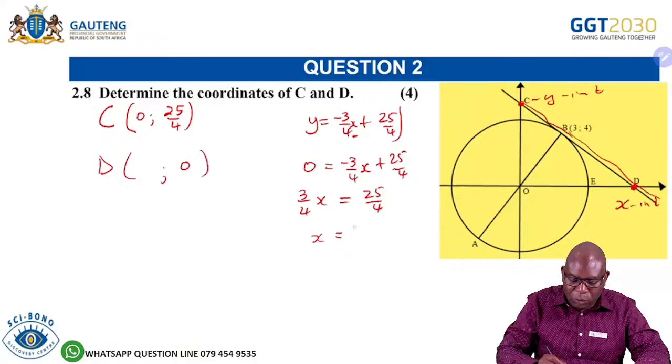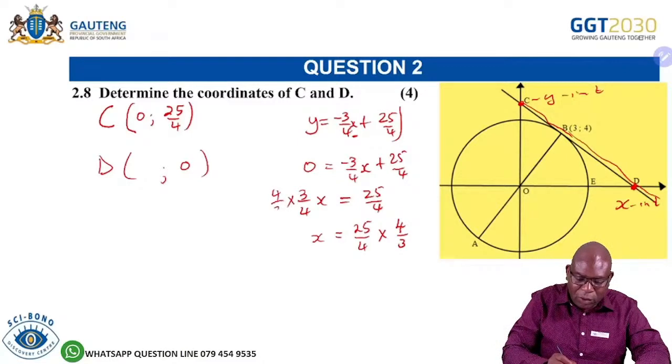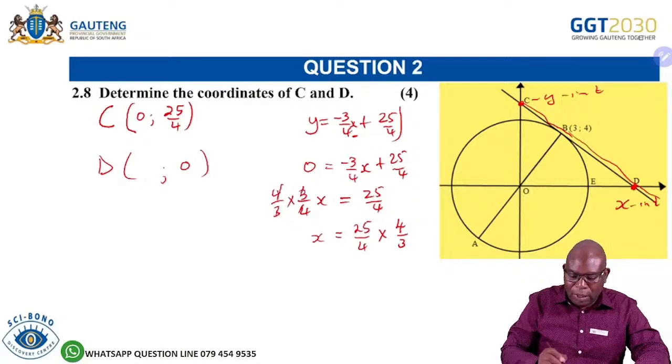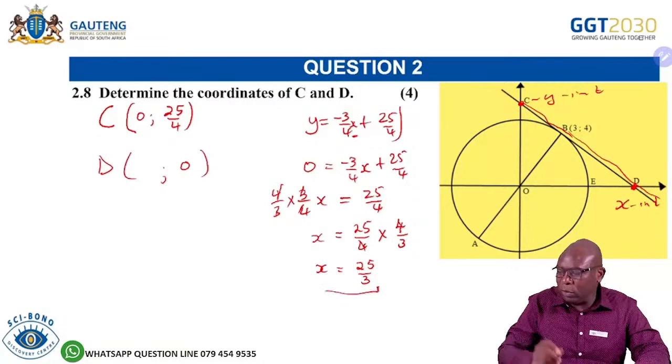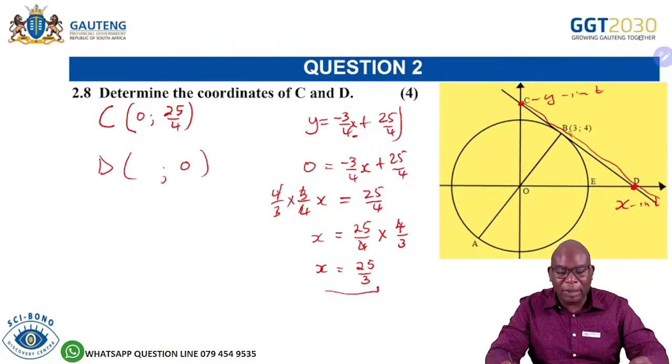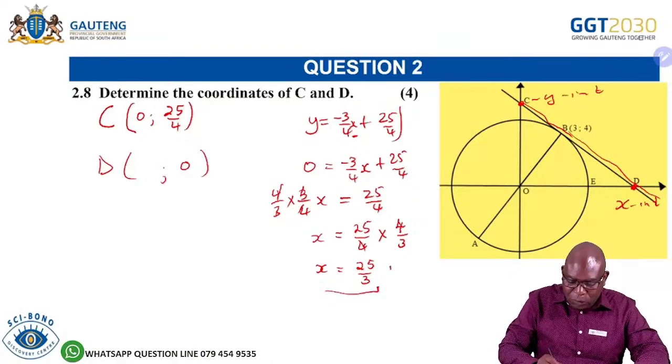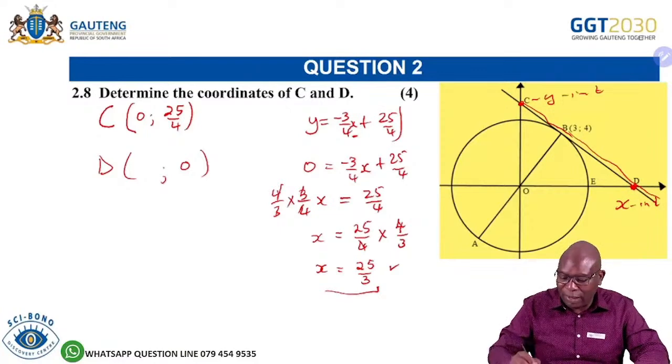So I'll have 25 over 4 multiplied by 4 over 3, because then I'm multiplying this side by 4 over 3 also, which cancels out. Then the 4 and the 4 cancel out, and my answer will be 25 over 3. So that will be 8 point something.